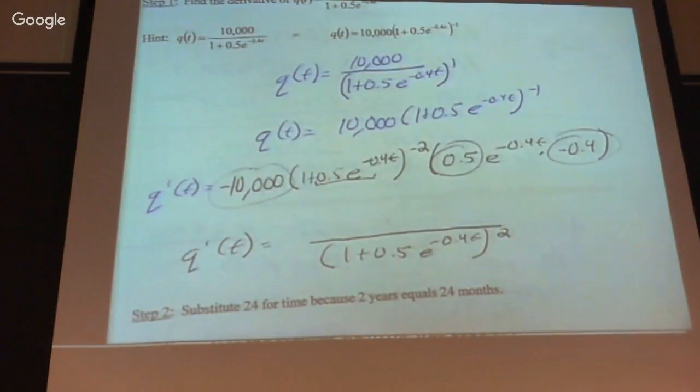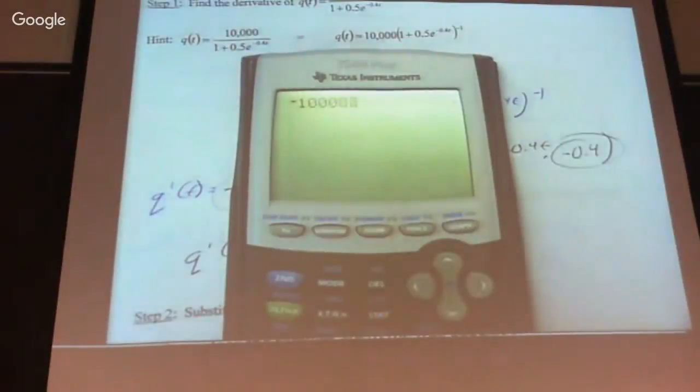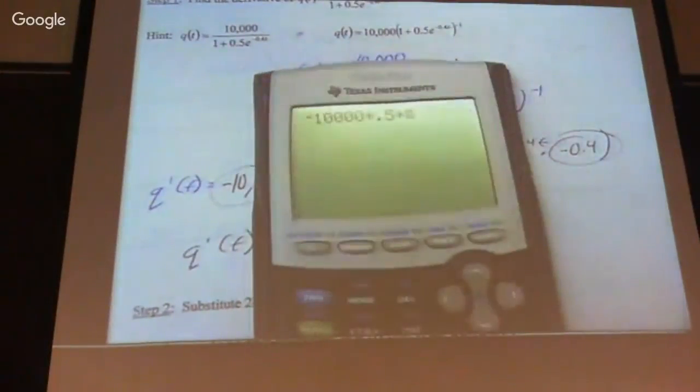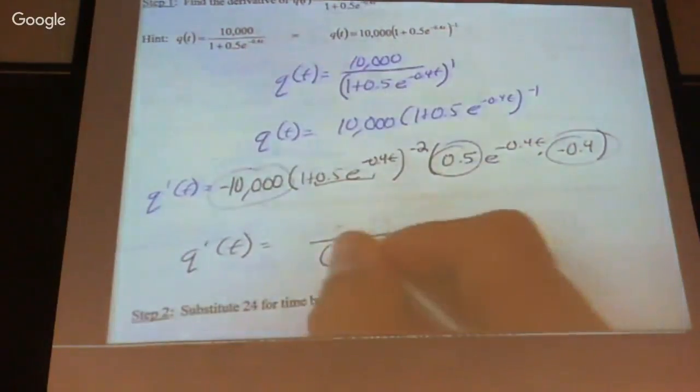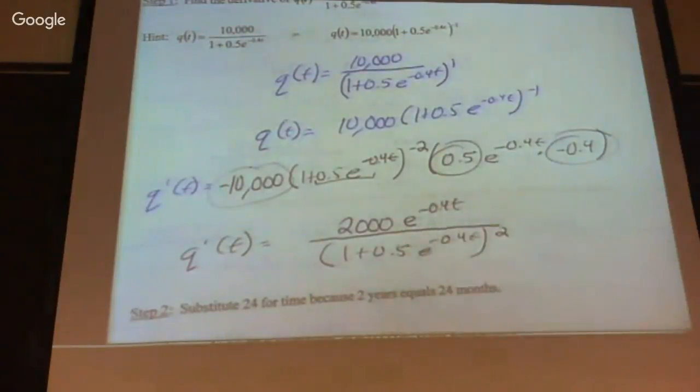So instead of just leaving them where they're at, if I take -10,000 times 0.5 times -0.4, that gives me 2,000. It's a lot easier to deal with than all of that. Still have the e to the -0.4. So to me, that is a bit simpler.